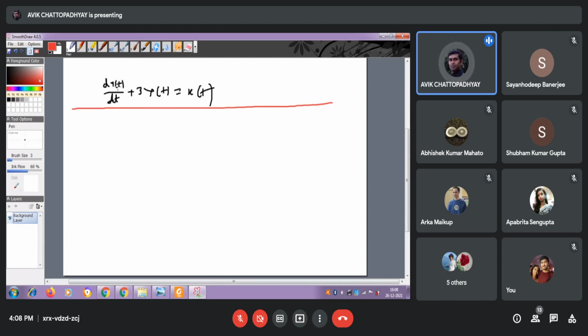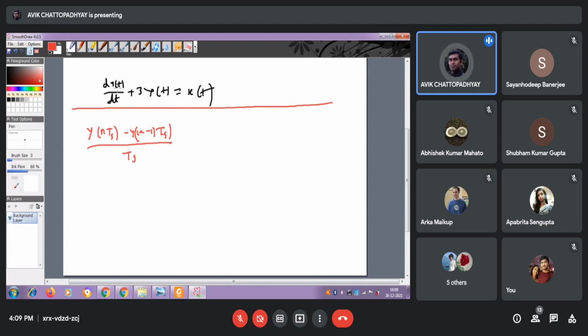So that means dy(t)/dt, I can write it like this: [y(nTs) minus y((n-1)Ts)], where Ts is the sampling period, divided by Ts. This is nothing but your dy(t)/dt.